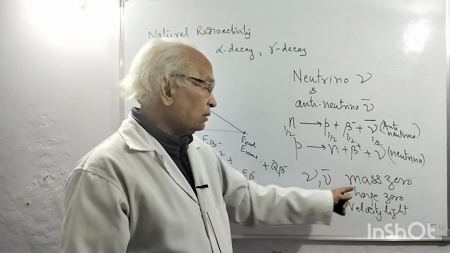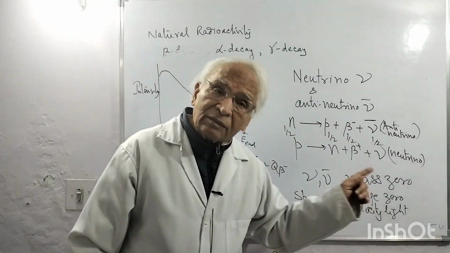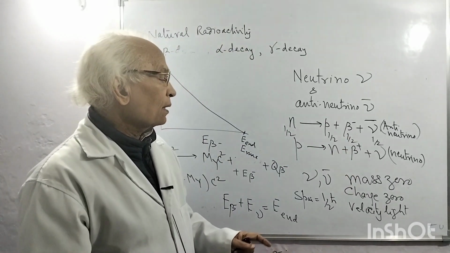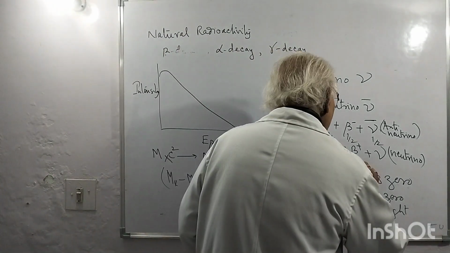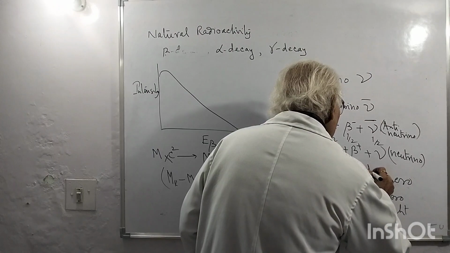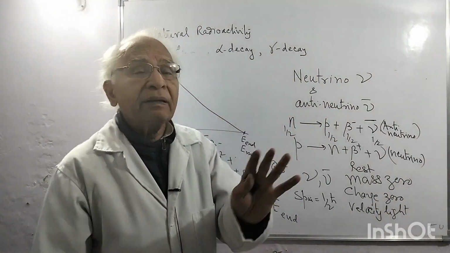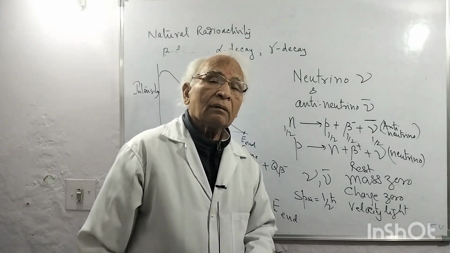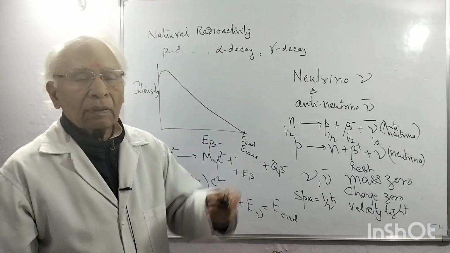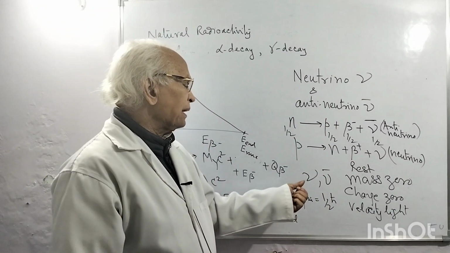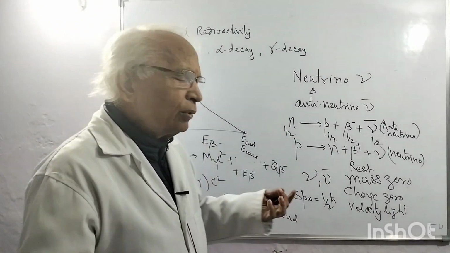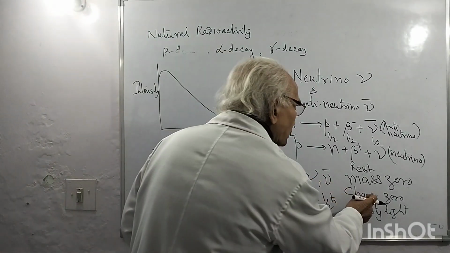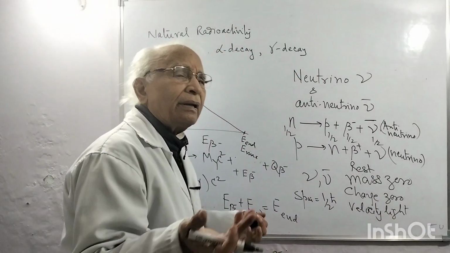Otherwise it is moving, it is never at rest. Rest mass is 0. Mass 0 means rest mass 0. It is never at rest; it is always moving with light velocity. Its interaction probability is almost 0, very small, because it has no charge, no magnetic field.